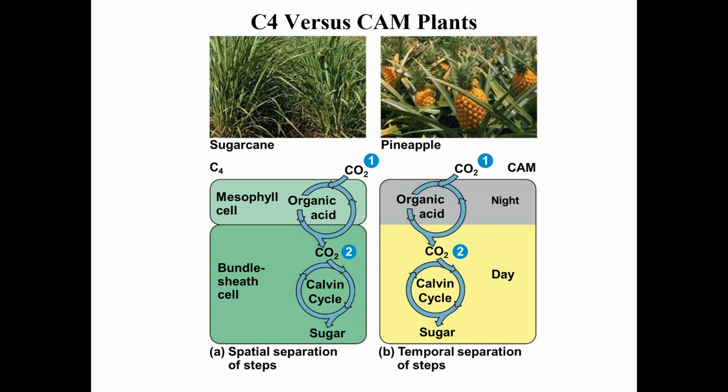In CAM plants, there's a temporal separation. CO2 enters the cells of our CAM plants at night and is fixed into an acid. That acid then releases CO2 during the daytime, which enters the Calvin cycle. So there's a temporal difference in the steps involved in the Calvin cycle.